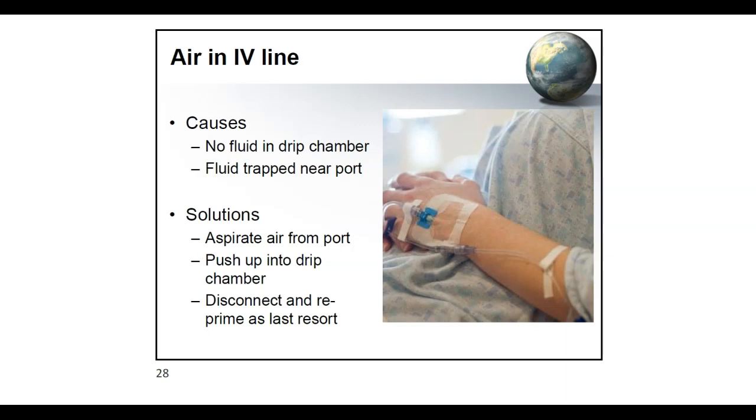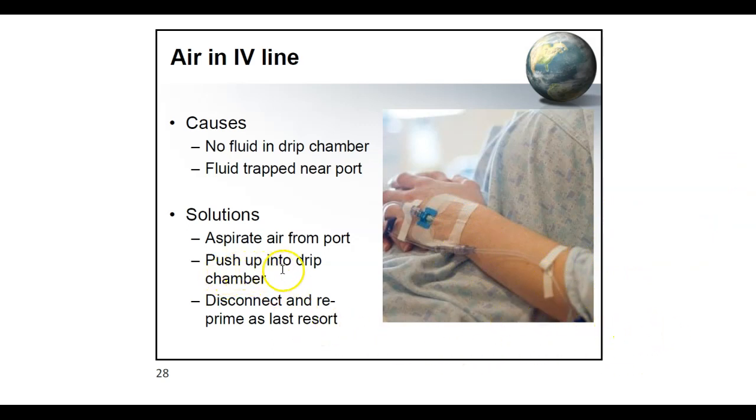So what do you do? The solutions for air in the IV line include aspirating from the port. What I do at times, if you can disconnect it from your patient, is find a port and pull directly from the port until you're able to aspirate that air.